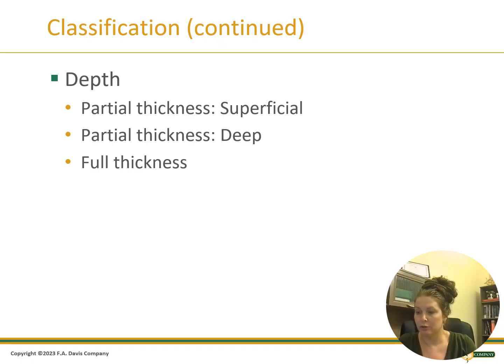Healing, you can expect 2 to 3 weeks for superficial partial burns, and then more than 3 weeks for our deep partial. Okay, these can scar. Examples of this would be a scalding injury with blisters.